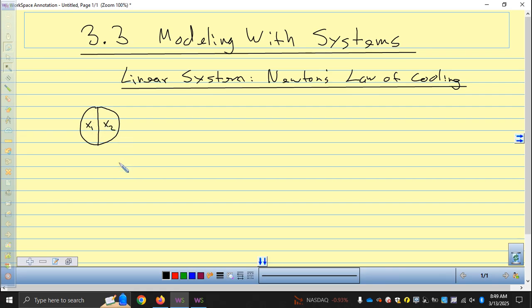X1 and X2 are the temperatures in the tanks. If we wanted to imagine that these are two containers of coffee. And we're assuming that the outer perimeter is perfectly insulated. So no heat escapes, no heat crosses the outer boundary here. So this is perfect insulation.